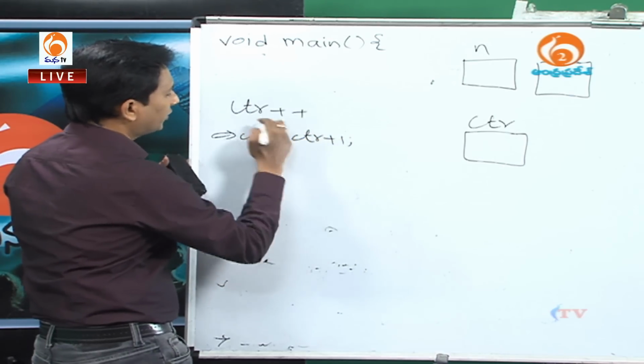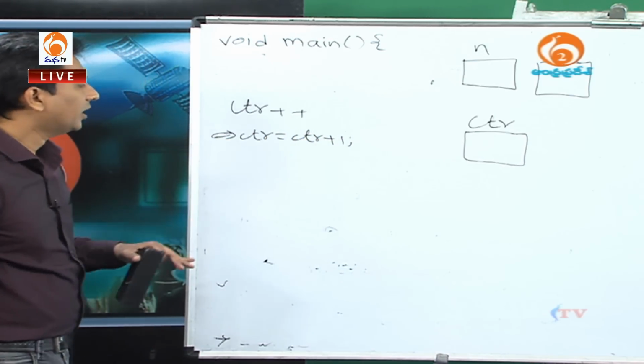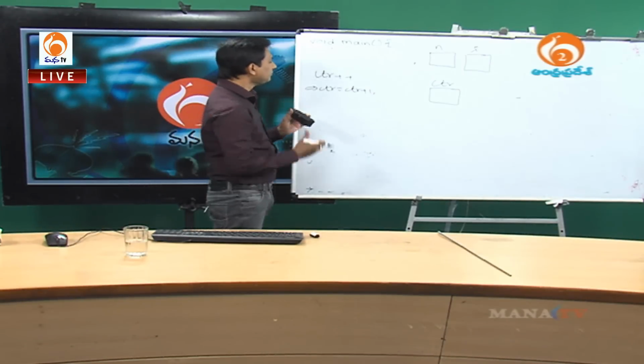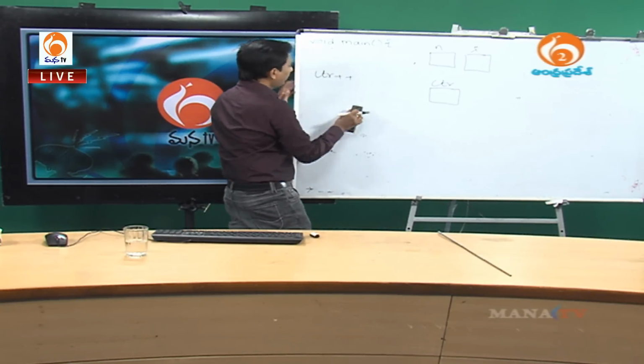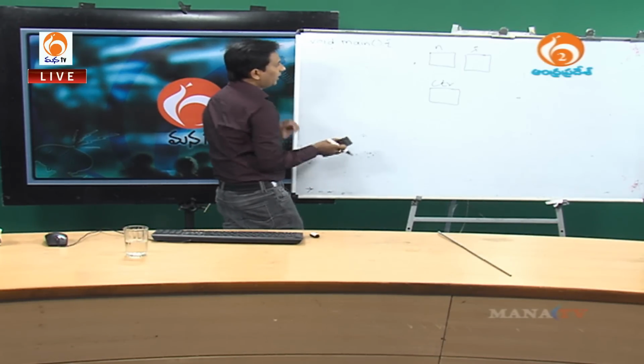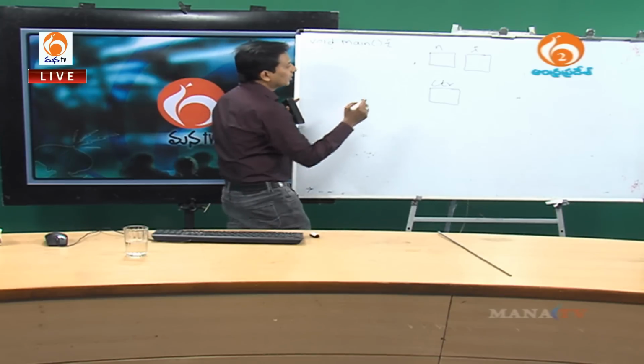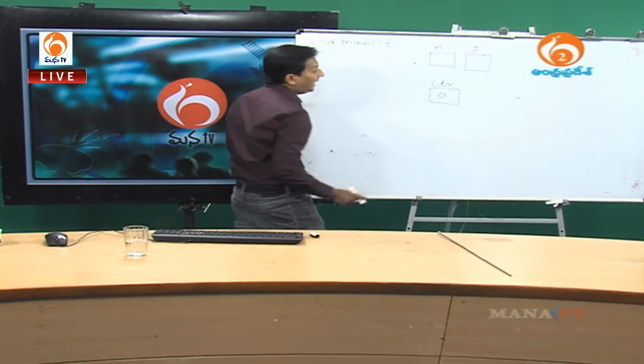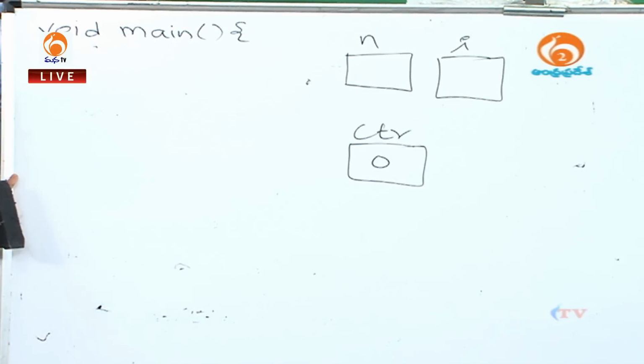That is the meaning of this one. It is a post increment operator. In shortcut we can write like this. Initially I am storing 0 into the counter because for adding, by default we need to write 0.